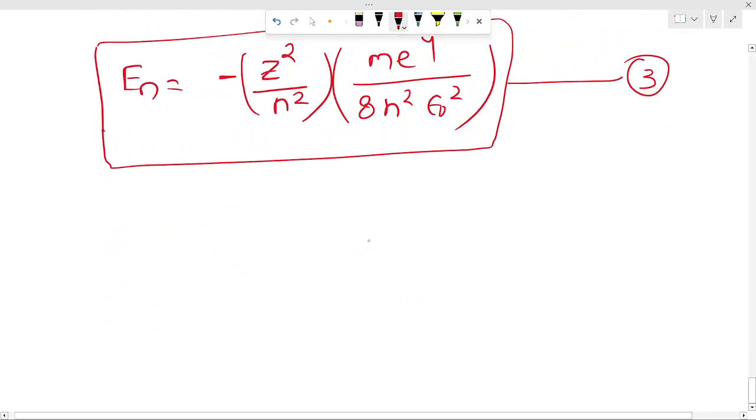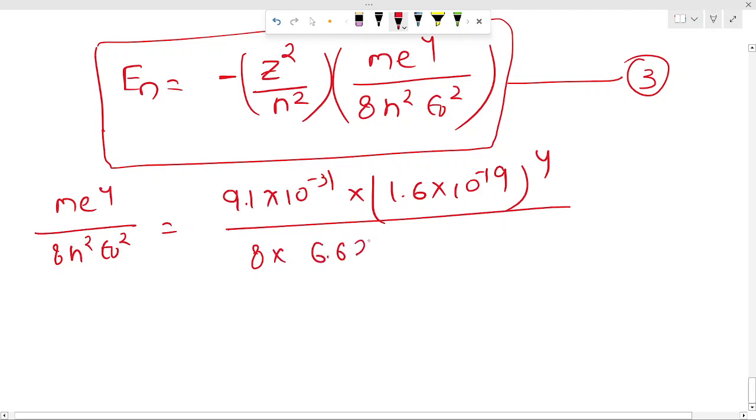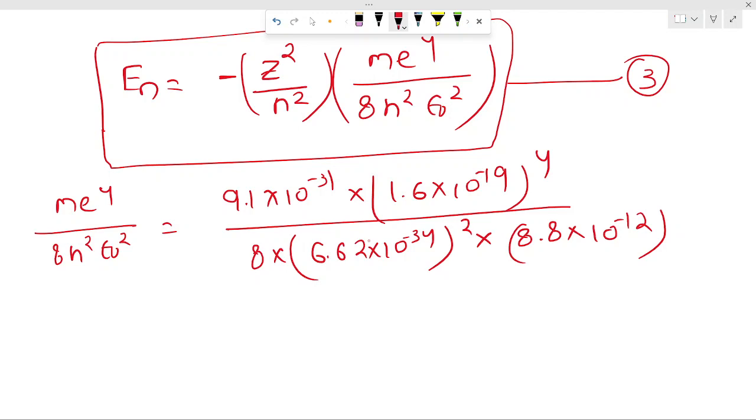As we can see, me4 upon 8 h square epsilon naught square is equal to mass of electron 9.1 into 10 to the power minus 31 into charge 1.6 into 10 to the power minus 19 to the power 4 upon 8 into 6.62 into 10 to the power minus 34 square into 8.8 into 10 to the power minus 12 square also.